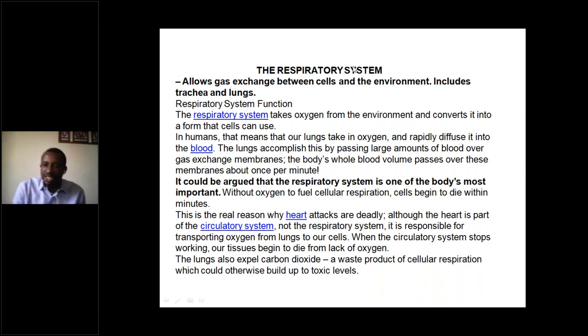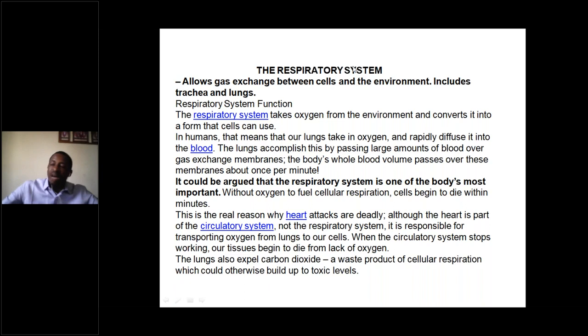Let's look at the respiratory system. As we mentioned, this is the system for the coordination of oxygen and gases around the body. So they allow gas exchange between cells and the environment. In the environment, there are different gases. It's not all these gases that we need. Some of these gases are toxic to us.